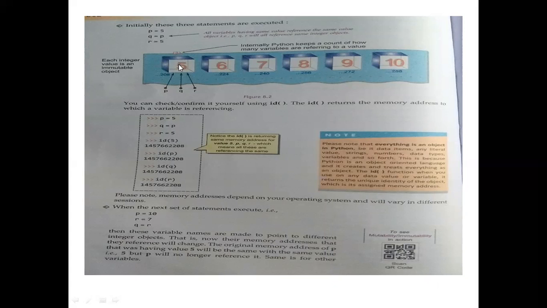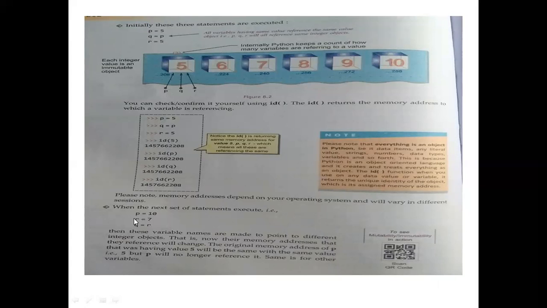Now if I write next p equal to 10, r equal to 7, and q equal to r, the value 5 doesn't change. Now p refers to the value 10. It no longer refers to 5, it refers to 10.